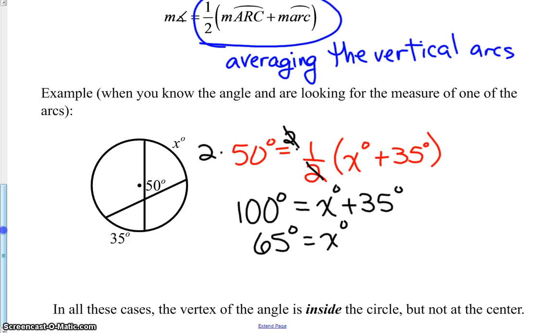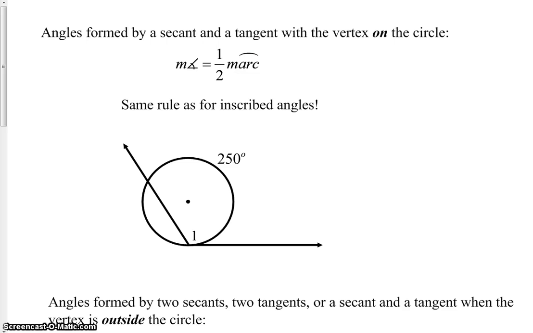In all of these cases, the vertex of the angle was inside the circle, but it was not actually at the center. Now let's look at the case where the angle is formed by a secant and a tangent, which means the vertex is going to be actually on the circle. And when the vertex is on the circle, all you have to do is take 1/2 the measure of the intercepted arc.